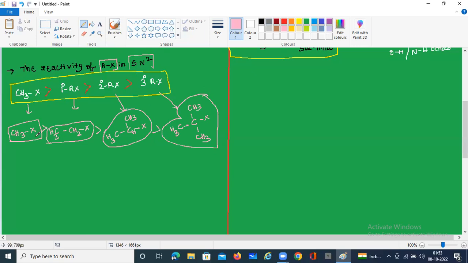See here, follow carefully. So the reactivity of alkyl halides in SN2: which one is more reactive towards the nucleophilic substitution reaction? The methyl halide. Next, primary alkyl halide. Next, secondary alkyl halide. And this one is the tertiary alkyl halide.